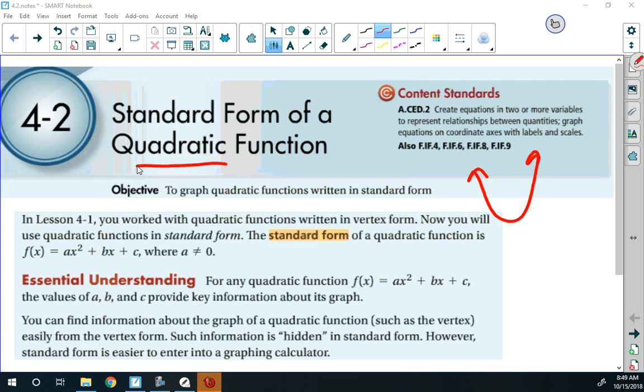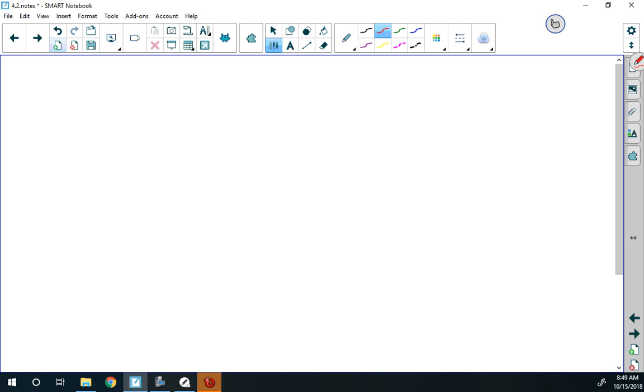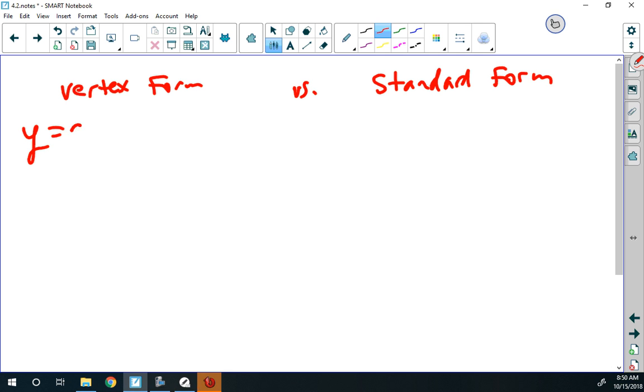So one thing I'd like to do is compare vertex form to standard form, and we kind of did this last week. In vertex form, we have y equals a times x minus h, the quantity squared, plus k. In standard form, we have y equals ax squared plus bx plus c.